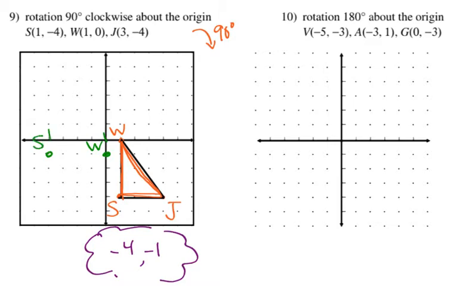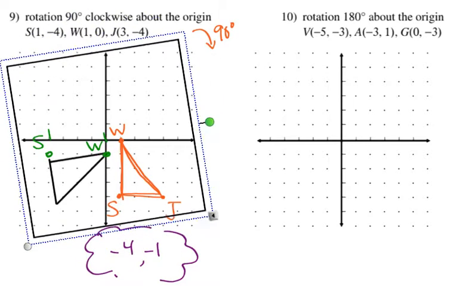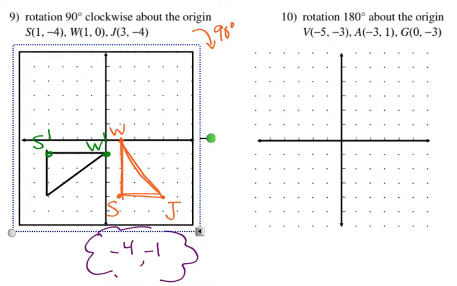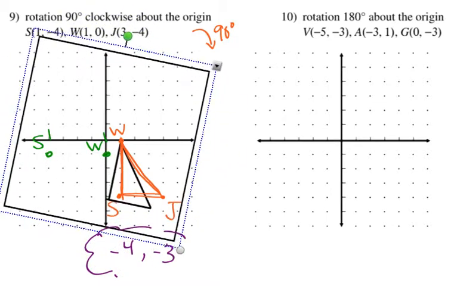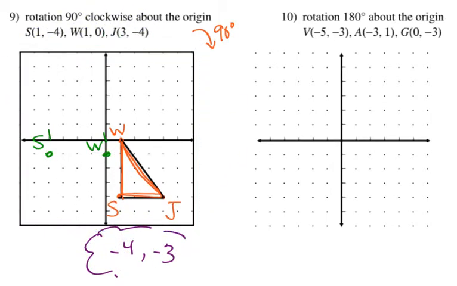And then we just have J to do. And that looks like it is located back 4 and down. Is that down 4 or 3? 1, 2, 3, 4. Down 4. I think I've actually drawn it in the wrong place. It needs to be down 3. I'm going to have to fix my mistake right here.